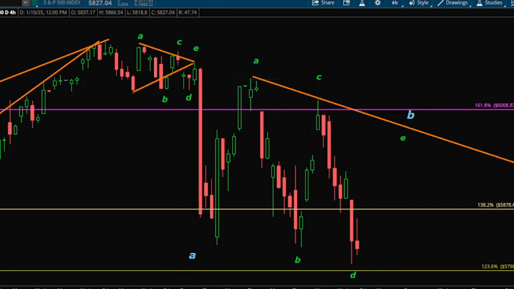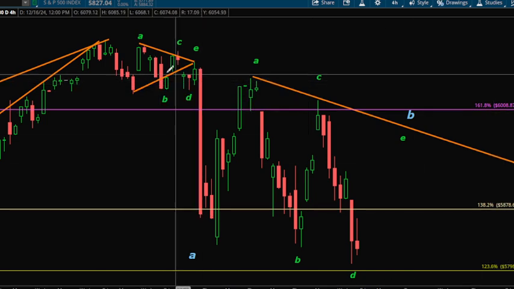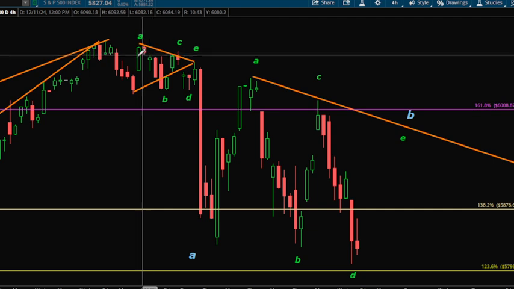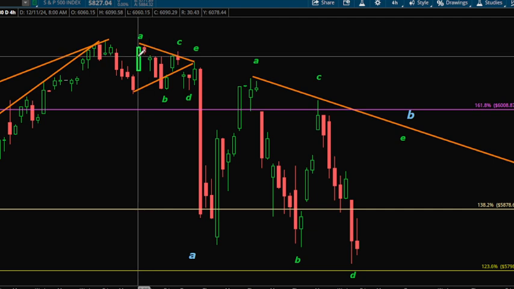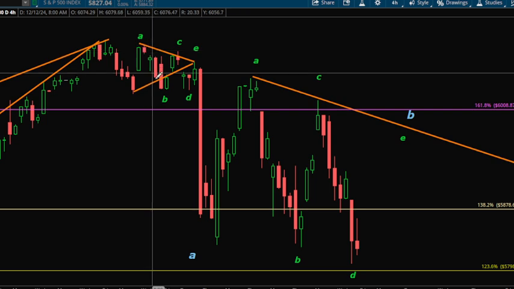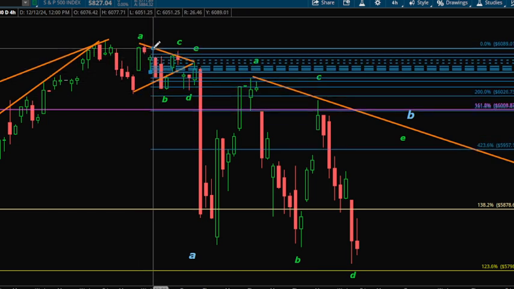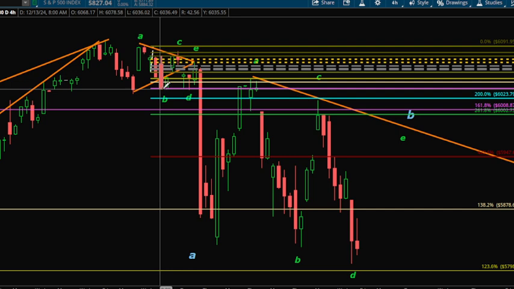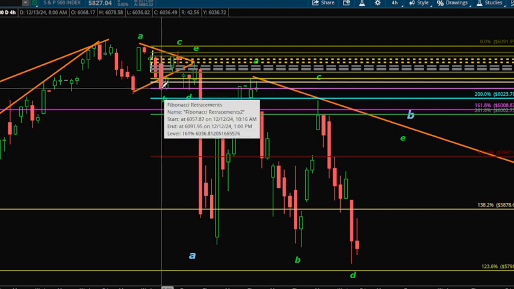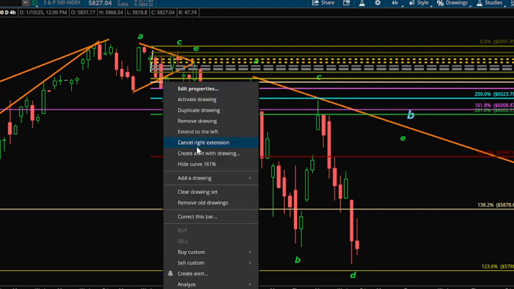So we could try to measure those. Remember, if you want to measure three moves, you want to find the C leg, measure the A. So let's start with this B wave here, A, B, C. We're going to measure this. It landed on the purple one, which is a 161.8.